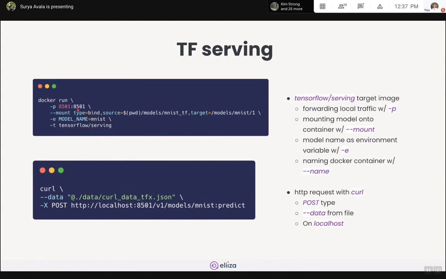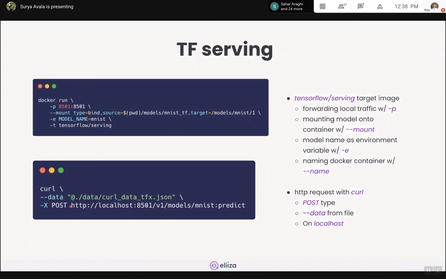I could essentially start serving my model by running this Docker image with a bunch of config, where the only key thing is this part where I am mounting my model, which is in my local system, onto the Docker container. That's where I'm giving TensorFlow Serving my model.